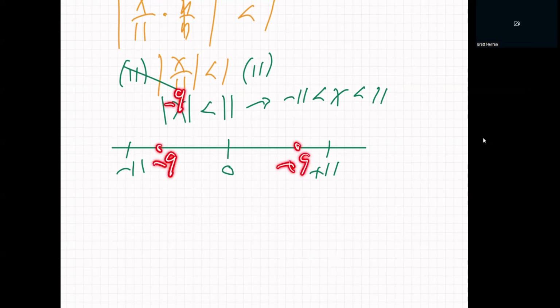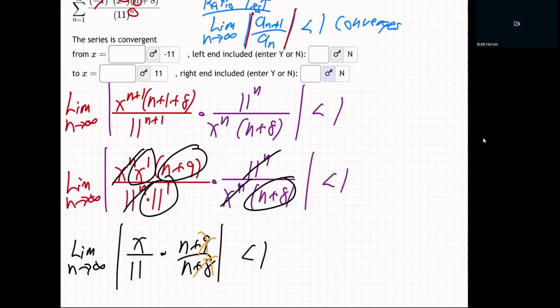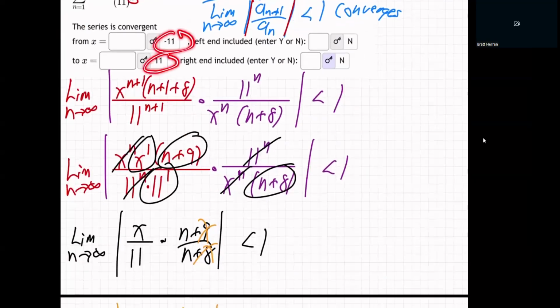Even +9, the absolute value of it will be less than 11. Anything there. You can't put in like -12. The absolute value of -12 would be positive, wouldn't be less, right? It just goes from -11 to +11. Absolute value of x less than 11 means x is between -11 and +11. So that's first off our left endpoint, right endpoint, right? Series is convergent from that to that.